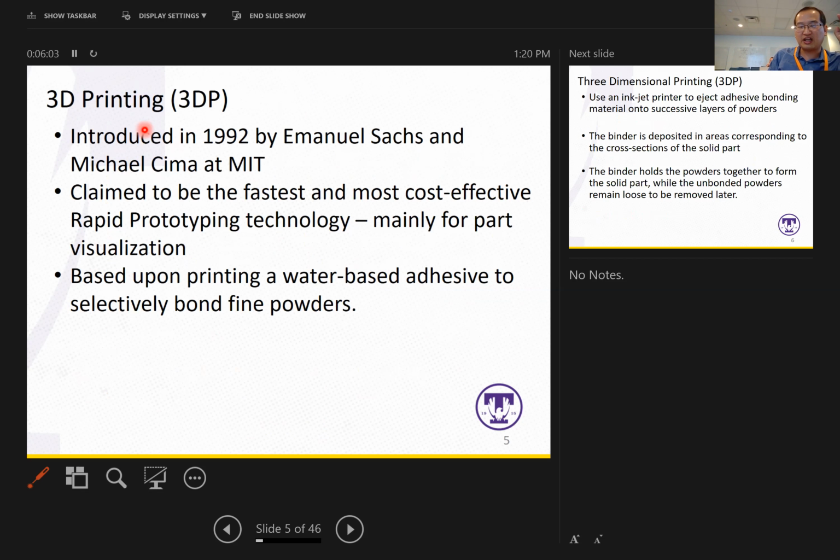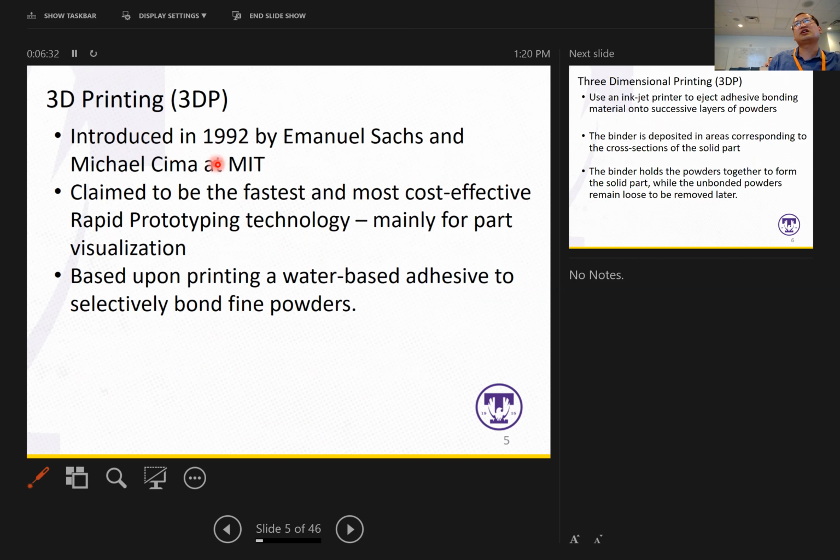But back in the 90s, it was specific to this kind of jetting-based approach, because it was derived from 2D printing, the 2D jetting machine. So back then, this 3DP meant a process similar to the current binder jetting based process.